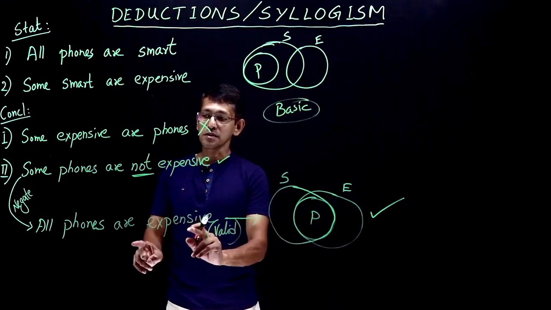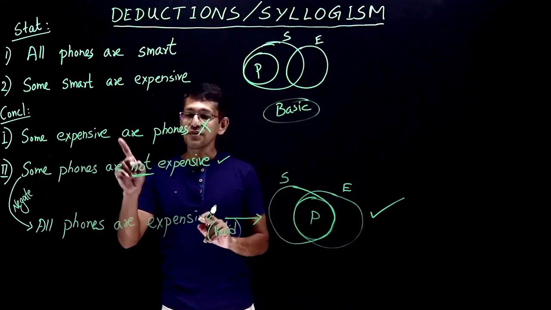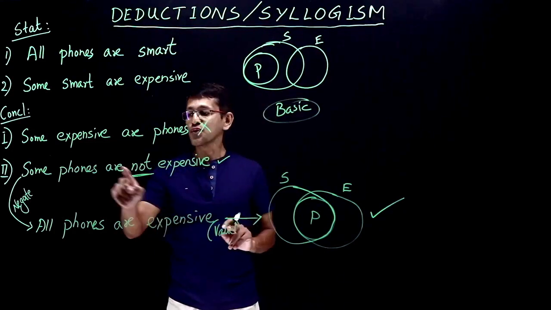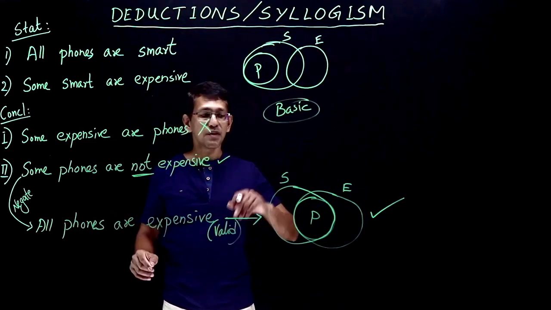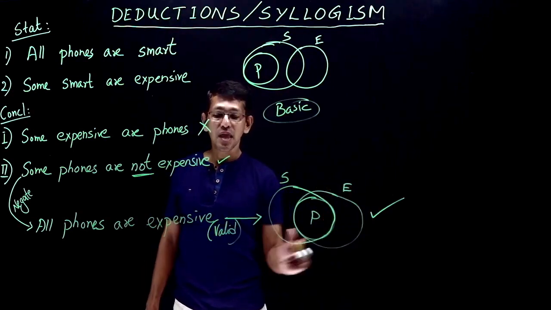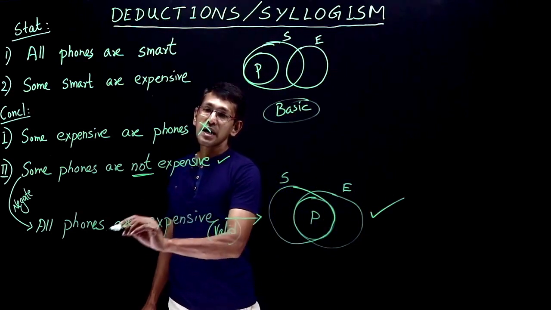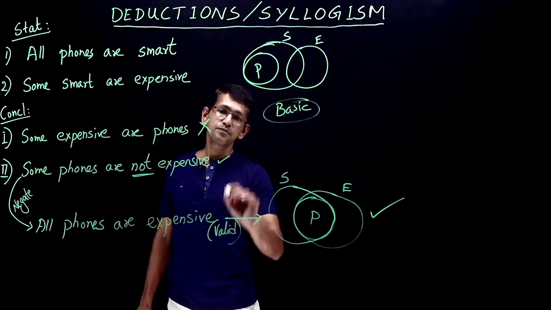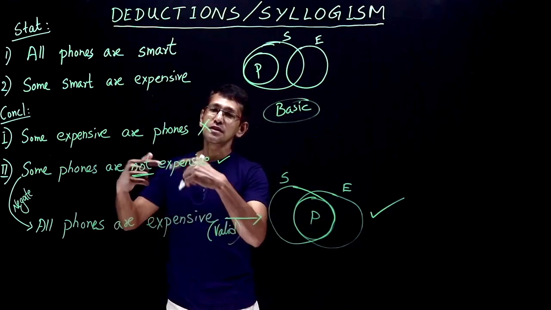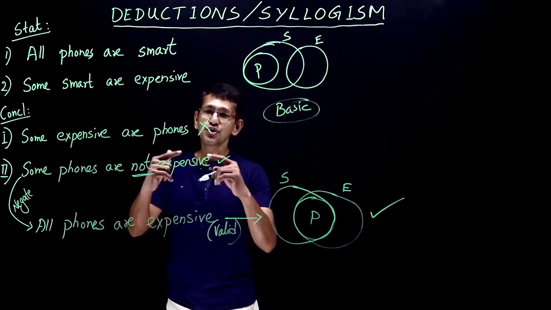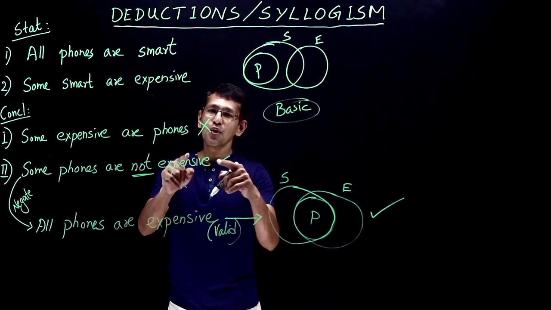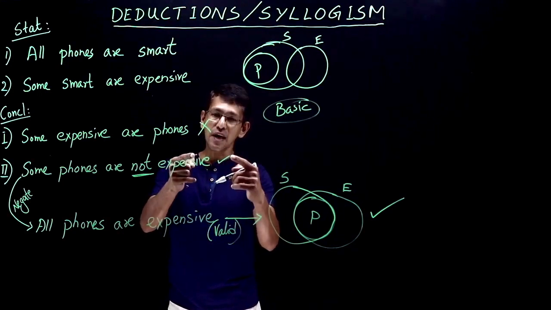In this case, you have the negative conclusion which is valid for the basic diagram. So we negated it and drew a new diagram. That new diagram exists, which means the negated conclusion is valid. If the negated conclusion is valid, the original conclusion, being its negative, must be invalid.